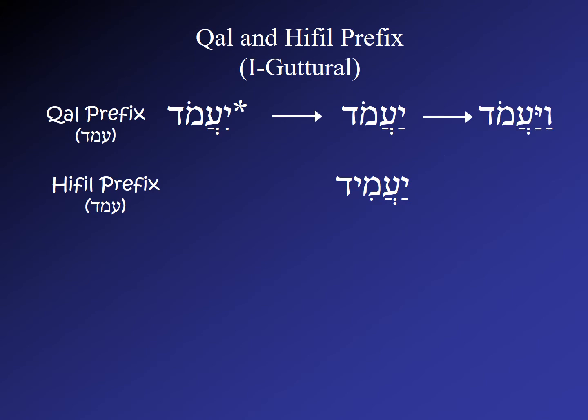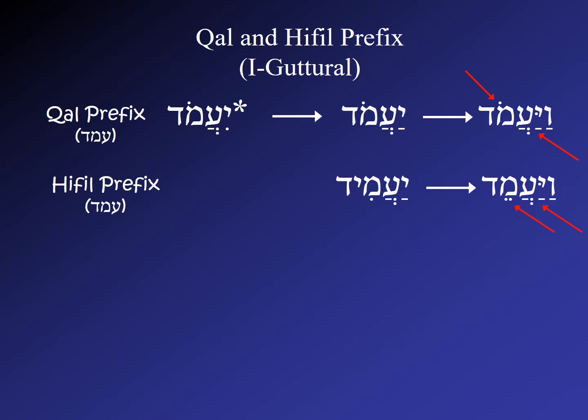Now if we look at the prefix vav conversive, then vaya'amod in the Kal, and vaya'amed in the Hifil. Here again you have the same vowel under the prefix, but you have a colon here, like vayifkod, and you have a tzere here, vaya'amed.